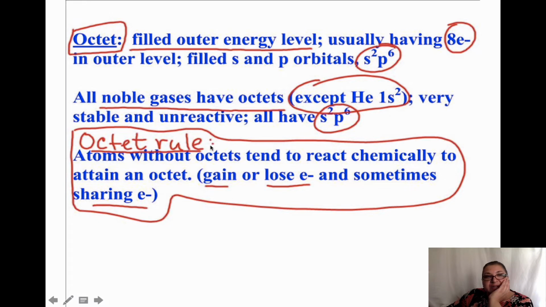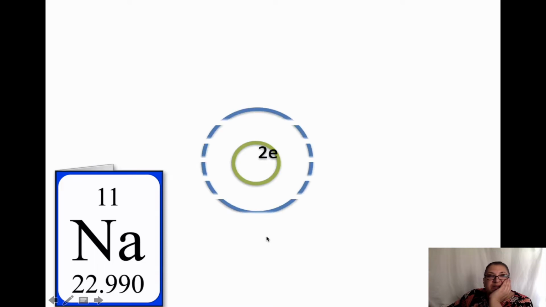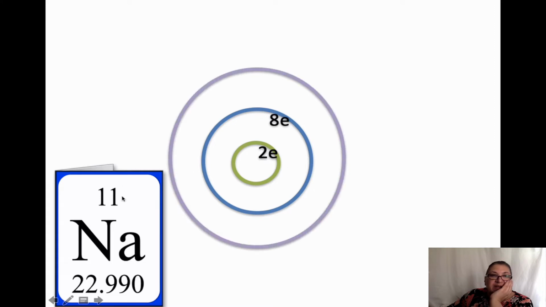Now, in order to get to 8, atoms tend to gain or lose, and when they gain, they become negative, and when they lose, they become positive. So let's take sodium, for example. Sodium has 11 electrons: 2 on the first shell, 8 on the second, and then 1 on the outer shell, which is the valence electron.